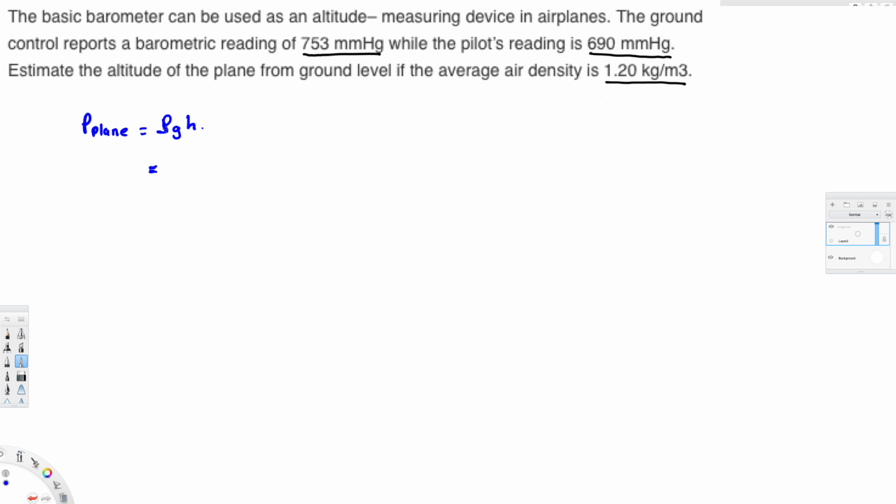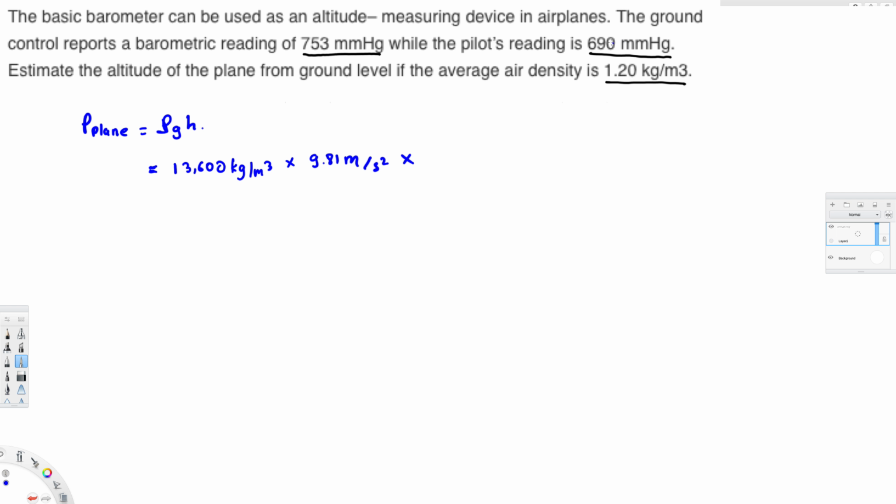Rho is the density of the mercury, that is 13,600 kilogram per meter cube, times g, 9.81 meter per second square, times this 690 millimeter mercury.